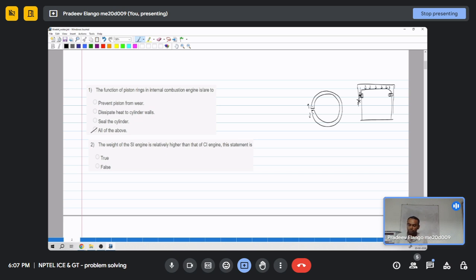The weight of the SI engine is relatively higher than that of the CI engine. Is this statement true or false? False. Can you say why it is false? Why is the CI engine heavier than the SI engine?